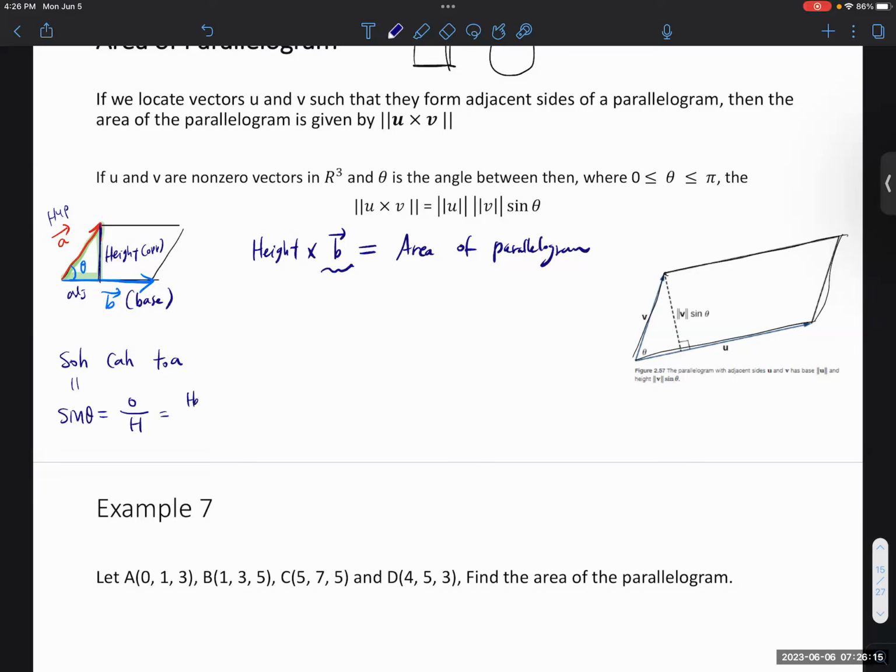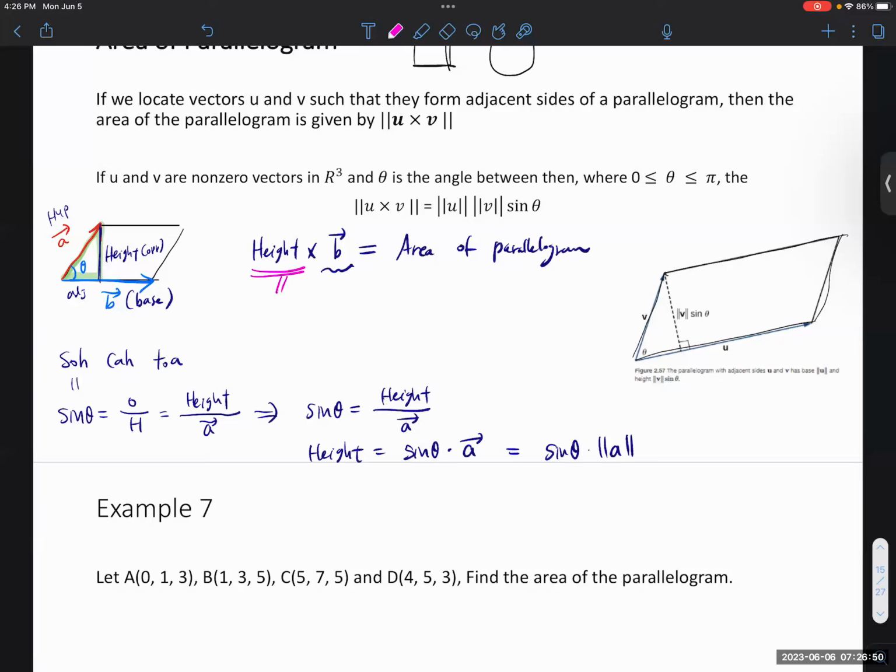Opposite is the height we are looking for, over the hypotenuse is a vector A. So what does it mean? Here we can think about sine theta is height over A vector. If you do the cross multiplication, height is basically sine theta times A vector. In other words, sine theta times the magnitude of the A vector. Does it make sense? So therefore, we found out the height.